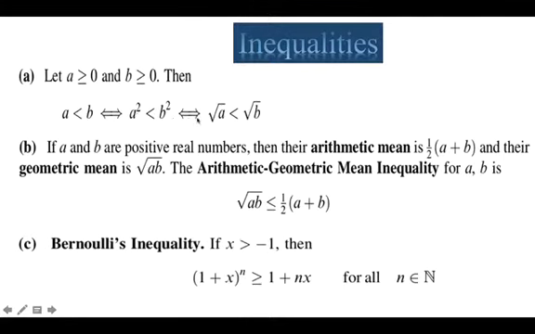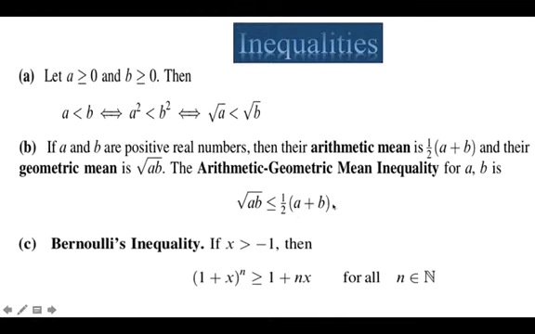Then the following implications hold: A is less than B implies that A square is less than B square, and square root A is less than square root B. If A and B are positive real numbers, then their arithmetic mean is 1 upon 2 into A plus B and their geometric mean is square root AB.